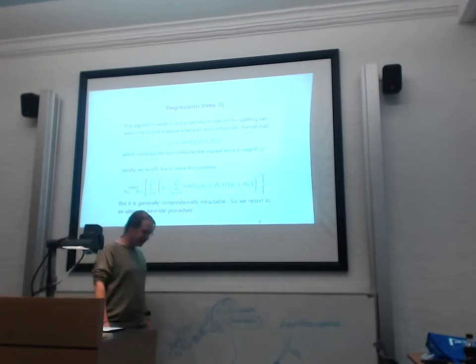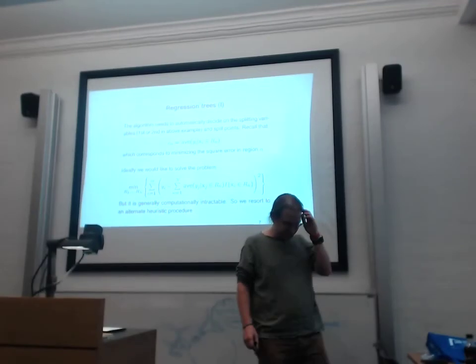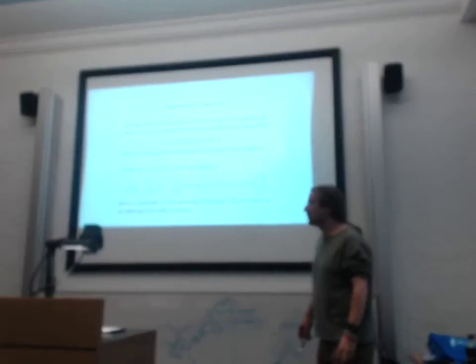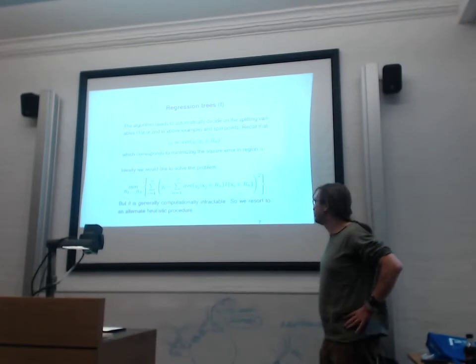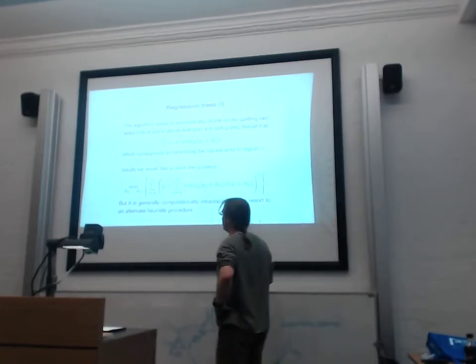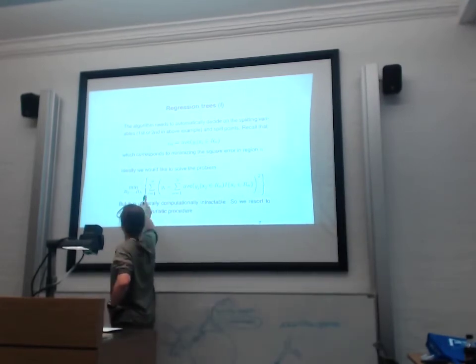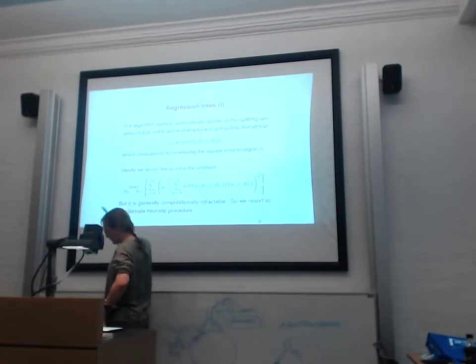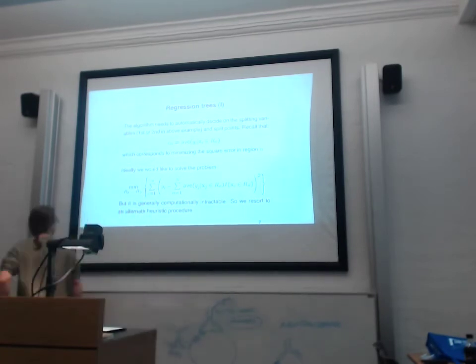But how do we choose the rectangular regions? This is the problem facing us. In the best of all possible worlds, we can imagine that we'll limit ourselves to a binary partitioning that produces capital N different regions.